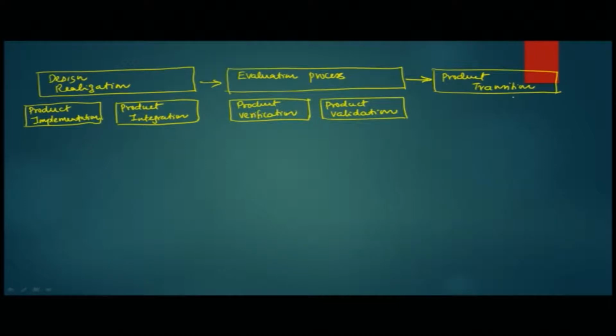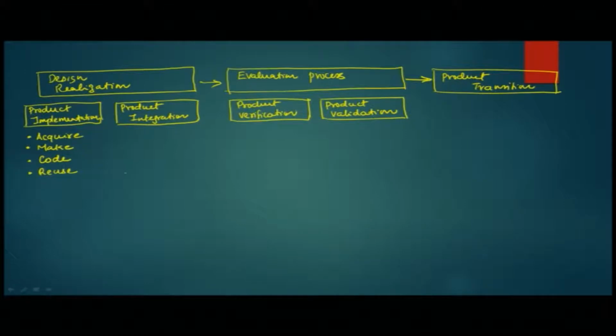So, what happens in the product implementation? The options within this are: you can think about acquiring something, you can think about making something, you can think about coding something, or you can think about reusing something. Those are the main product implementation activities: acquire, make, code, reuse.